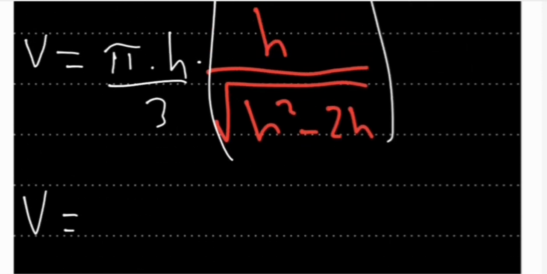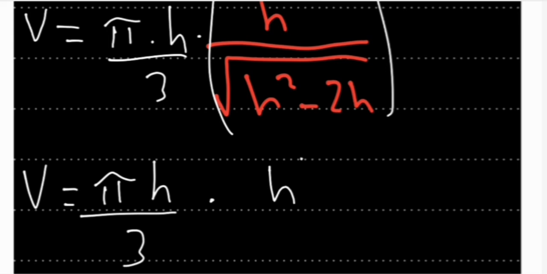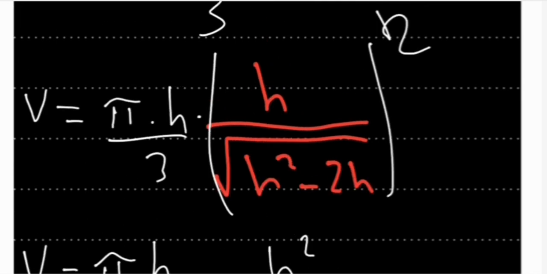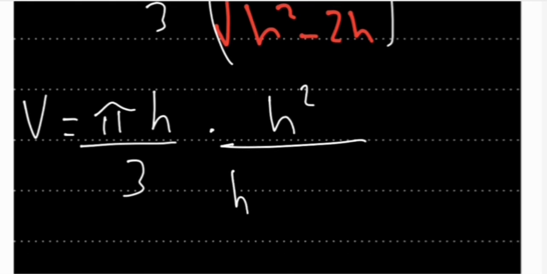So V is equal to, remember we haven't derived yet, pi h over 3 multiplied by h squared divided by, because here we have the square root squared, so the square root will vanish, h squared minus 2h.